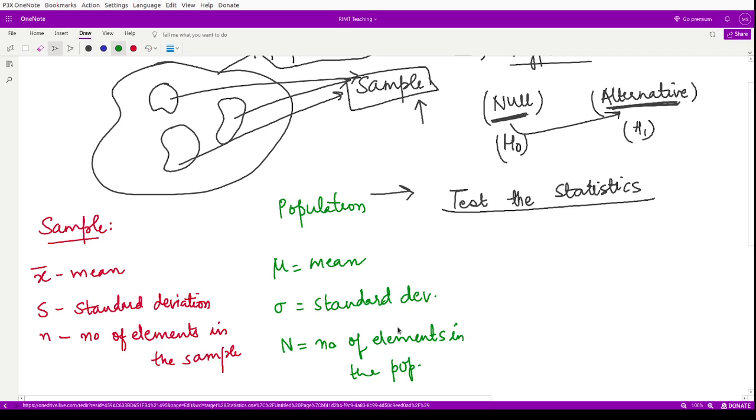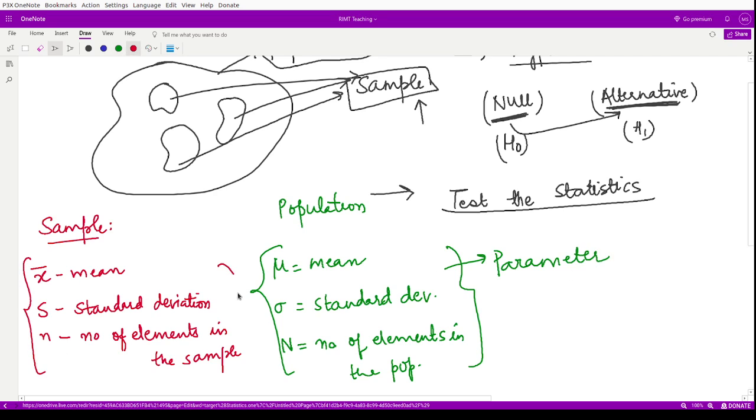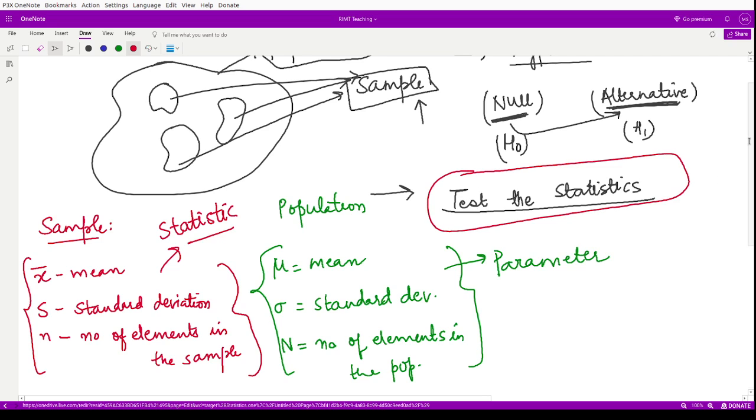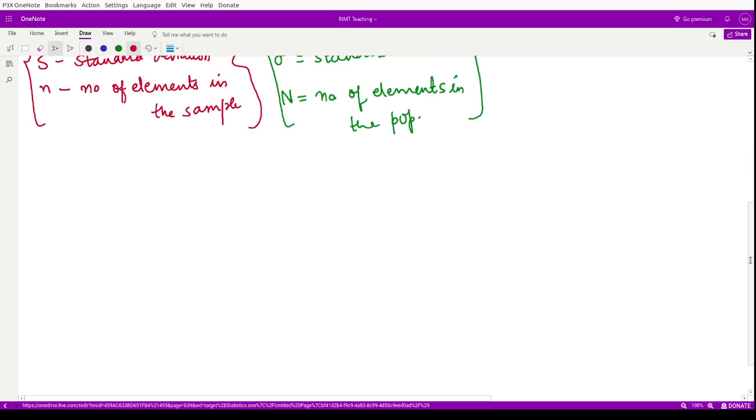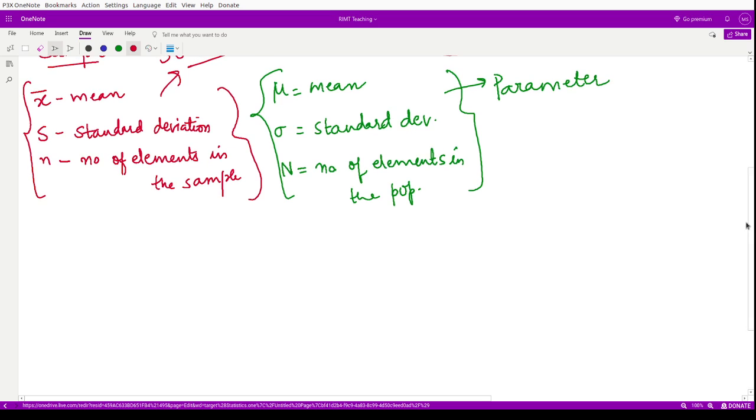So in case of the population, we call these parameters, and in case of the sample, we call these statistics. This is the terminology here.